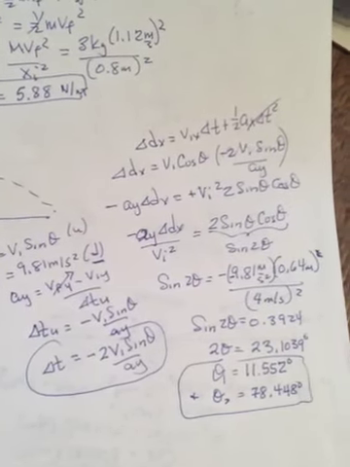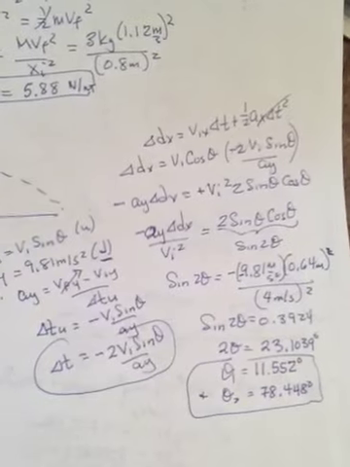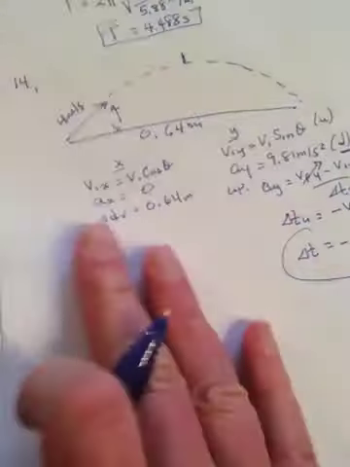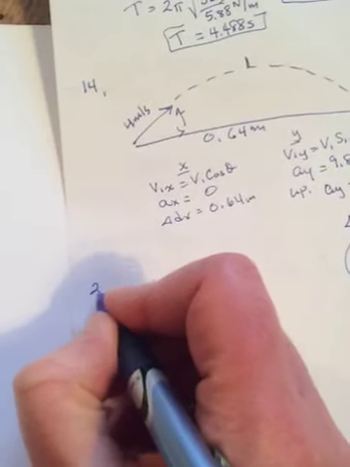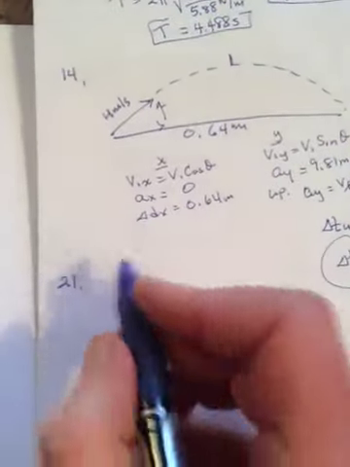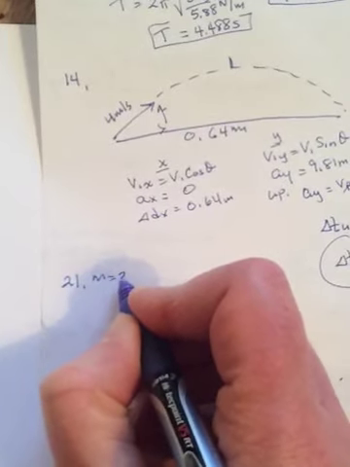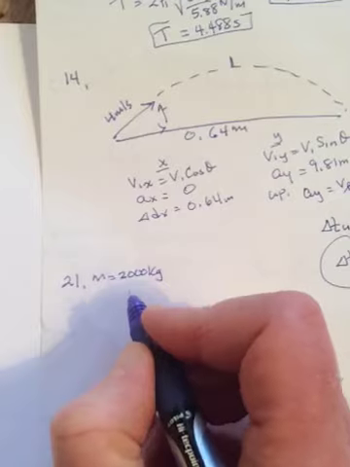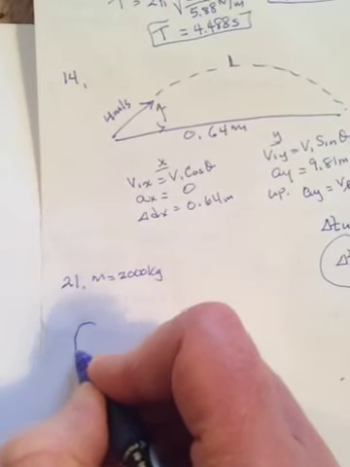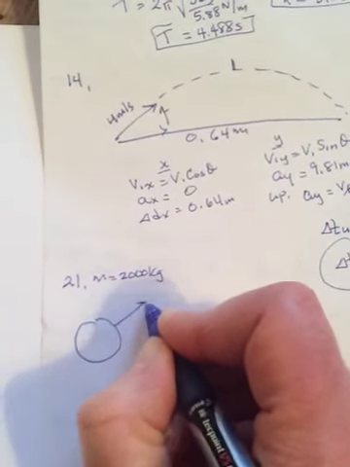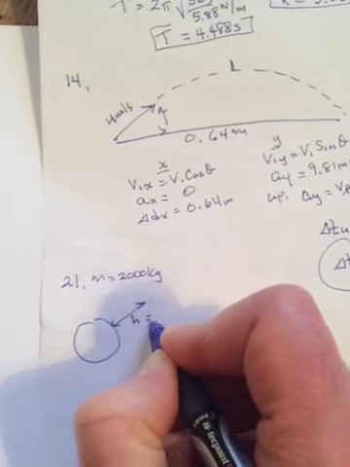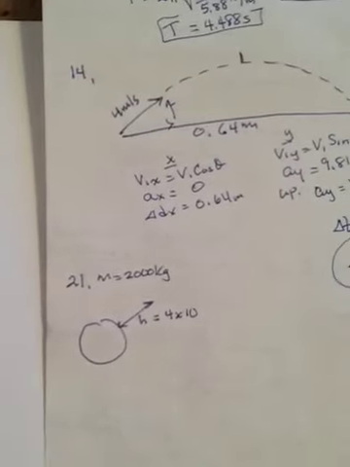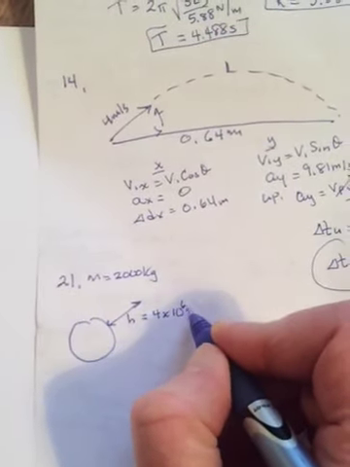All right, next up, our next page, 21 and 24. I might do 21 first just because 24 is a little long, and I need a whole new page for that. So 21 tells me the mass of a satellite is 2,000 kilograms, put into an orbit around a planet, and the height is 4 times 10 to the 6th meters.